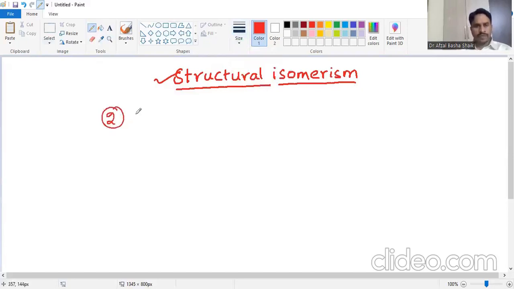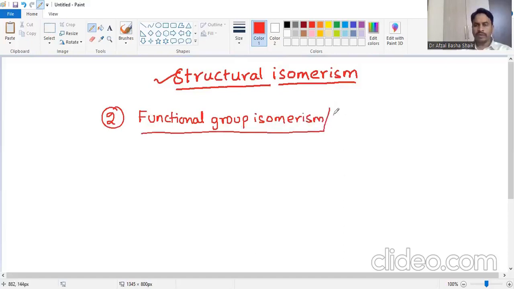The next type of isomerism is functional group isomerism, or simply functional isomerism. Here it is simple.